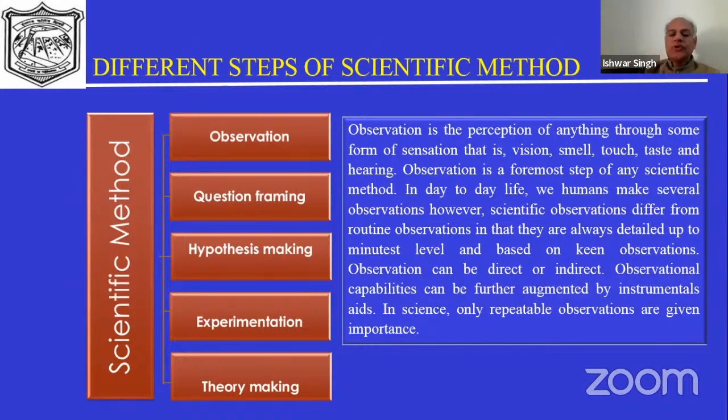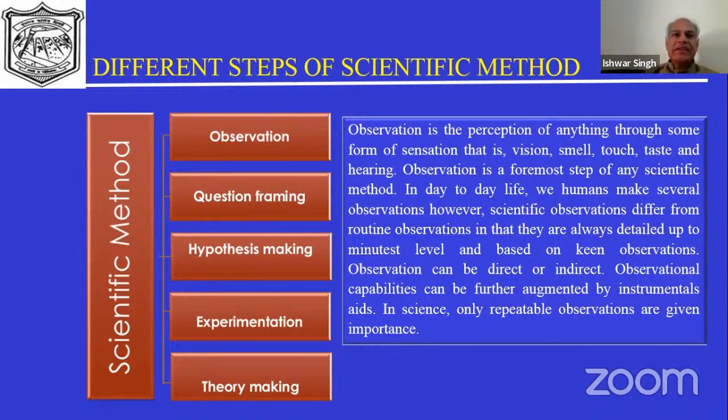So in science also, we give importance to only those observations which are repeatable. And these repeatable observations are important because when something is repeating again and again, then because of the inquisitiveness and curiosity, the human mind tries to explain, tries to search, tries to come up with some pattern.